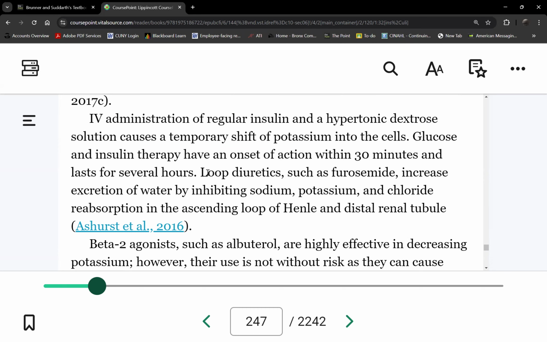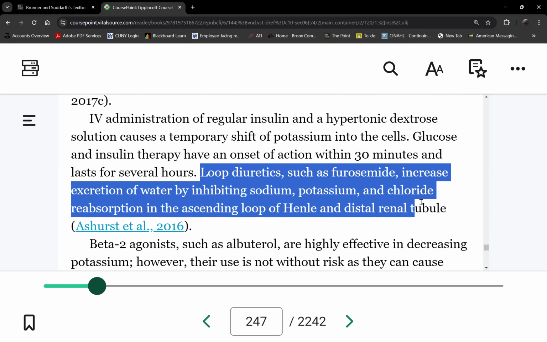Another option, loop diuretics, will eliminate potassium, okay? Because it will prevent the kidneys from reabsorbing. But take note, this diuretic option will not only cause elimination of potassium, because it prevents the kidneys from reabsorbing it, other electrolytes will also be affected.